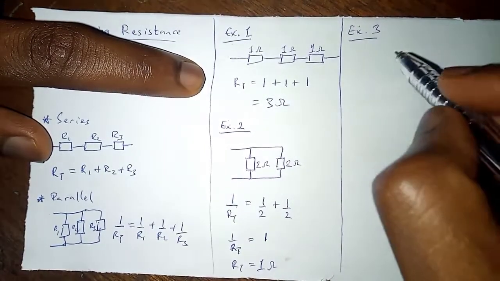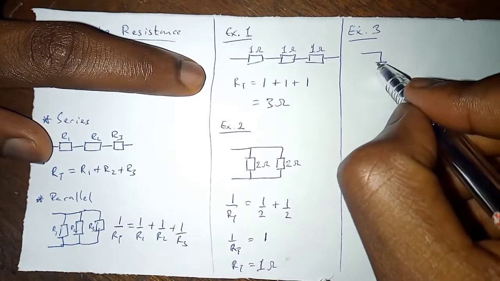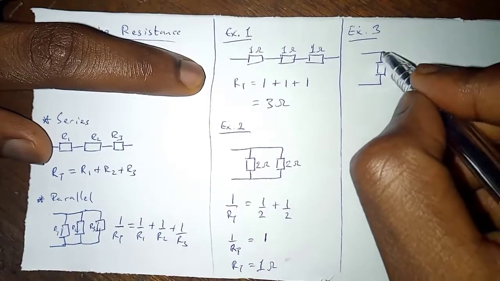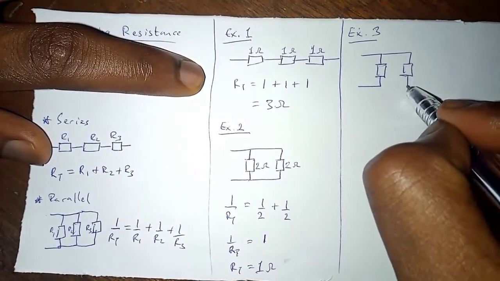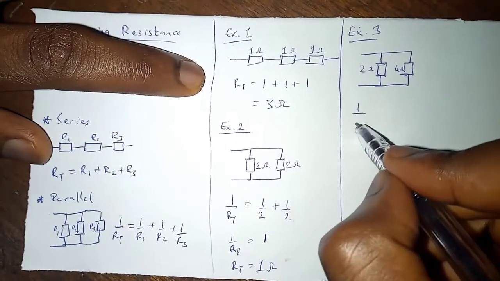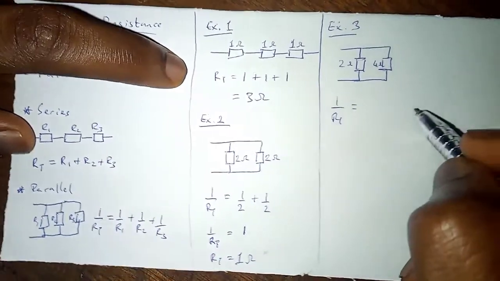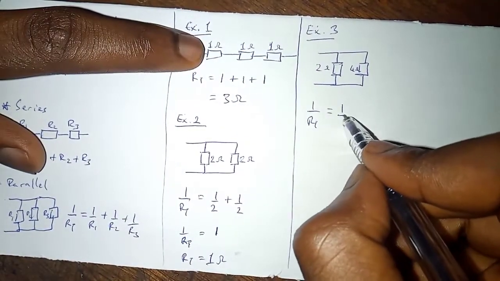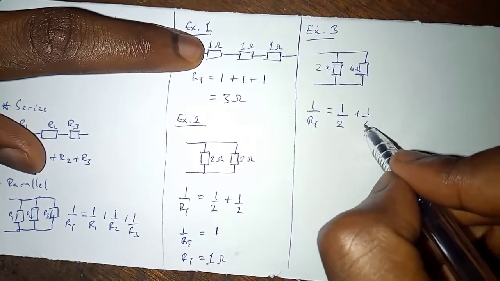Example 3. So here we have 2 ohms and here we have 4 ohms. 1 over total resistance is equal to 1 over 2 plus 1 over 4.